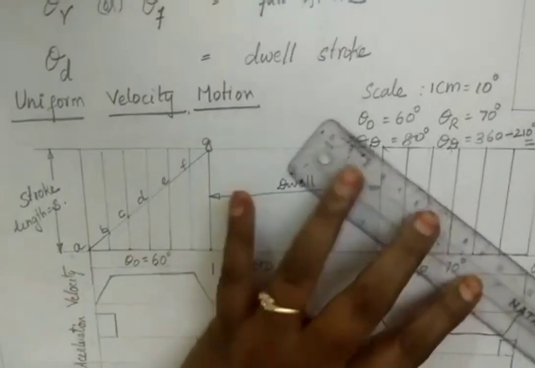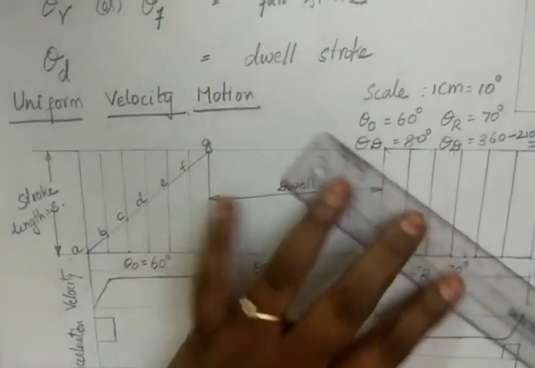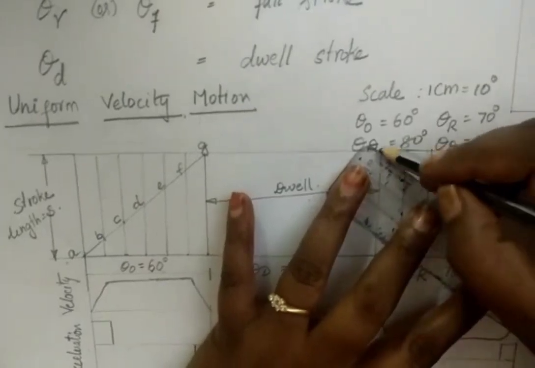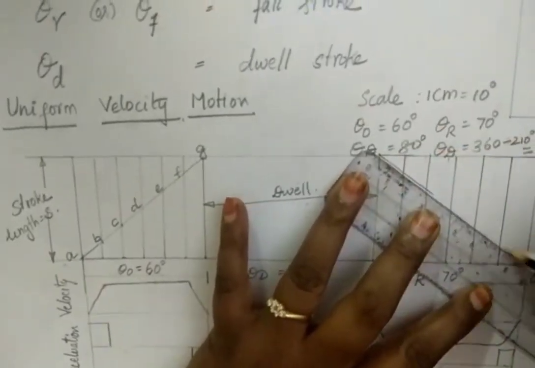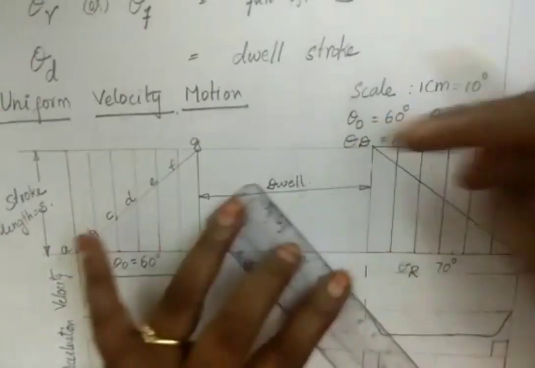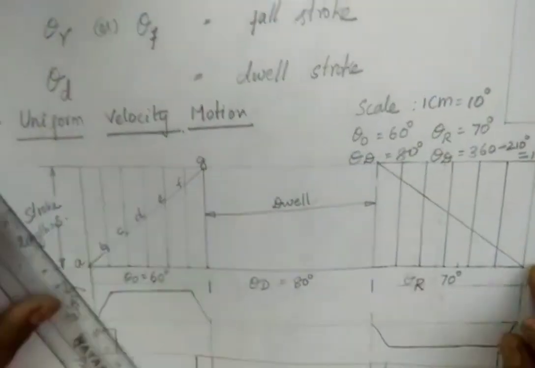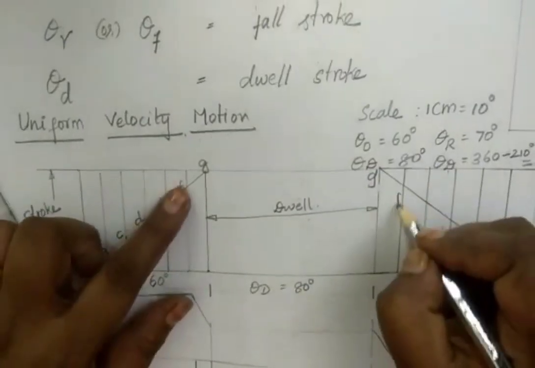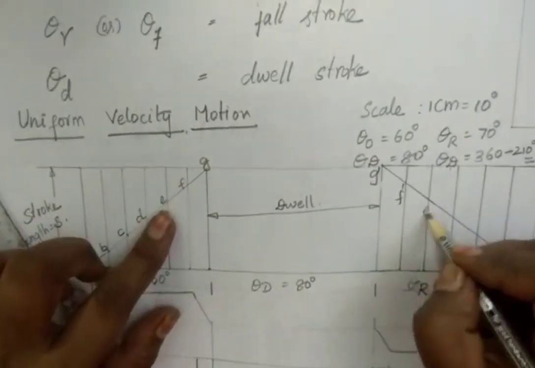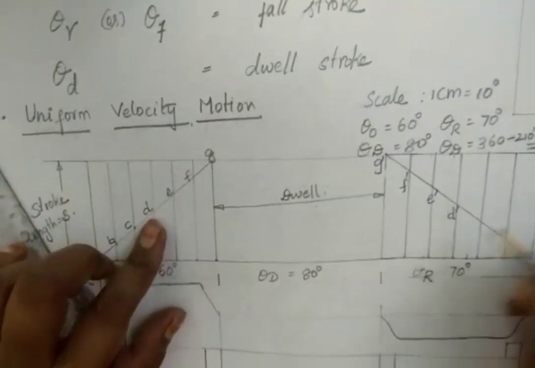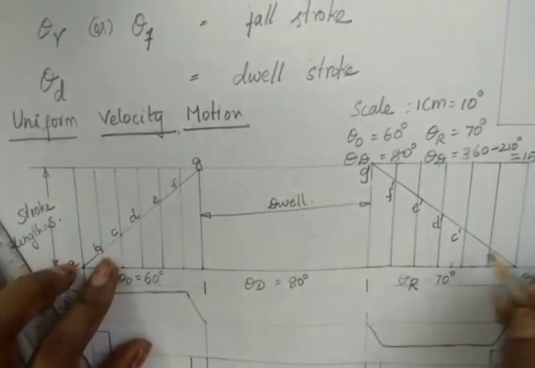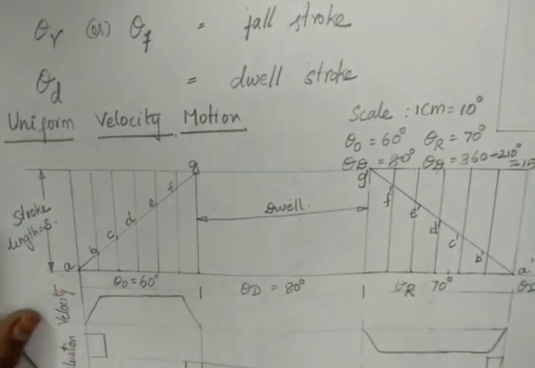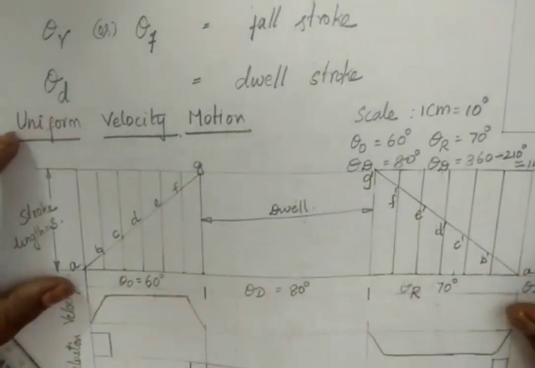The same way for the dwell stroke as it is, and for the downward stroke you just join in the reverse direction, that is from the top diagonal point to the bottom diagonal point. Make these as G dash, F dash, E dash, D dash, C dash, B dash, and again A dash. So this is your complete displacement diagram.